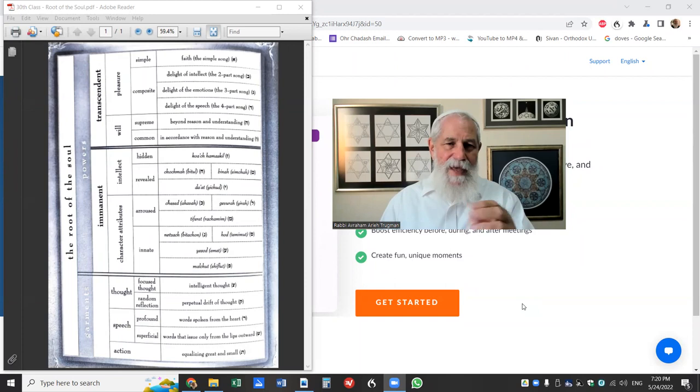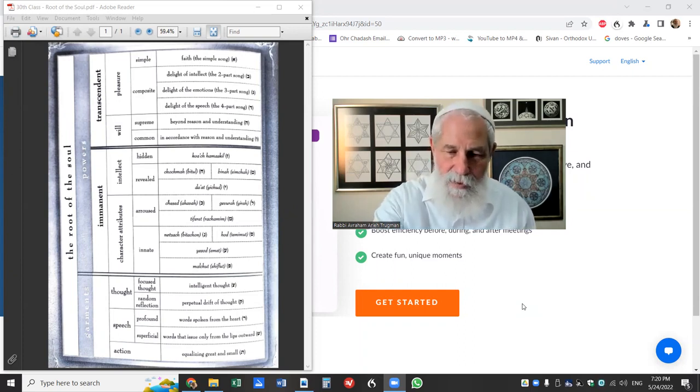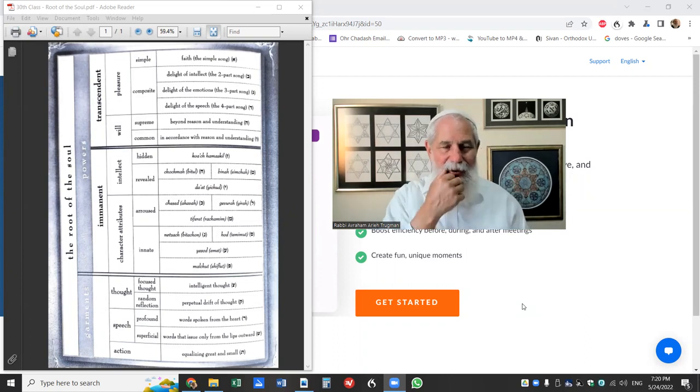Two different manifestations of each of the transcendental and the imminent powers of the soul. And the same with thought, speech. The only difference is action, as we'll see, does not have a dual manifestation. It has a singular manifestation, as we will touch on later.